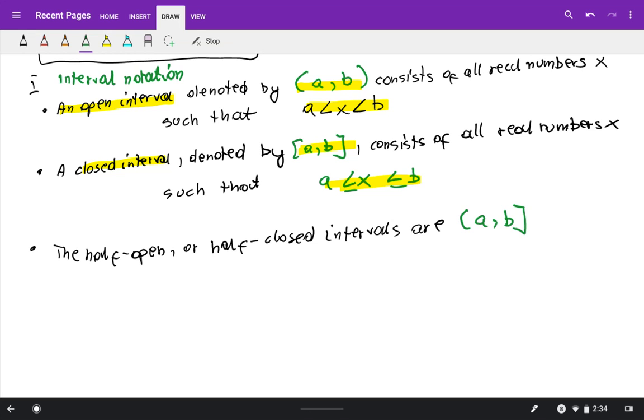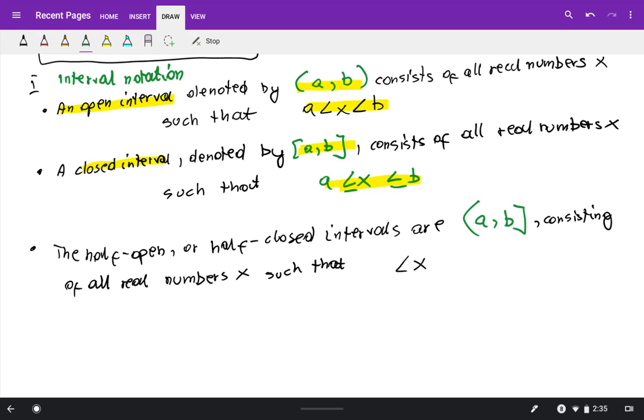In this case it consists of all real numbers x such that x is greater than a, however is less than or equal to b. Again, I want to make sure this is a parenthesis. You see it's a parenthesis.